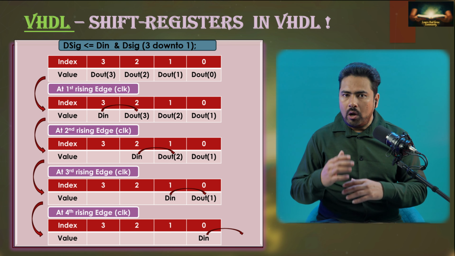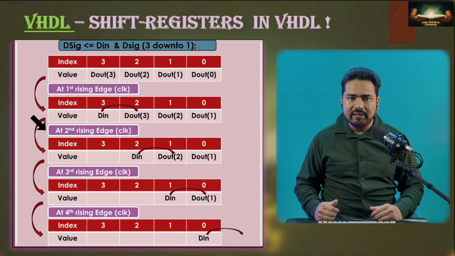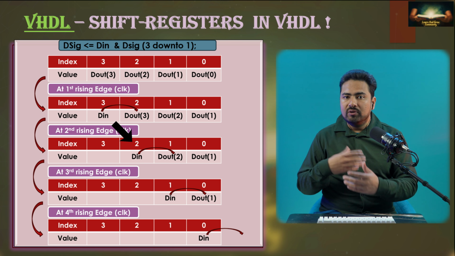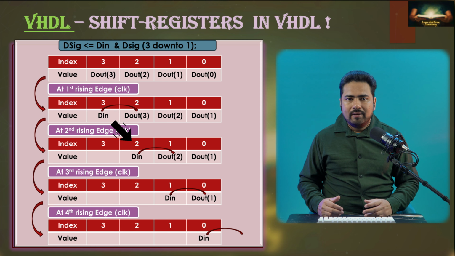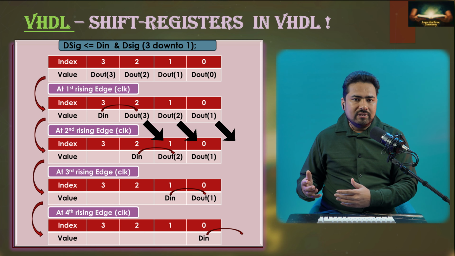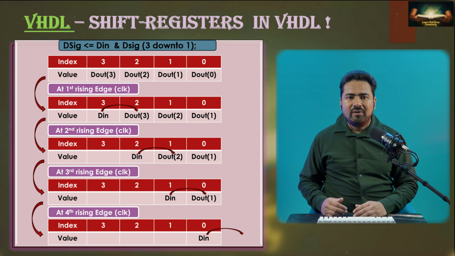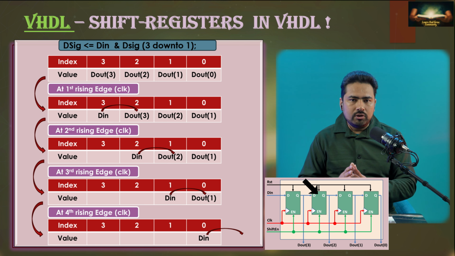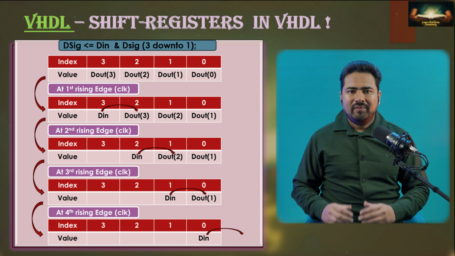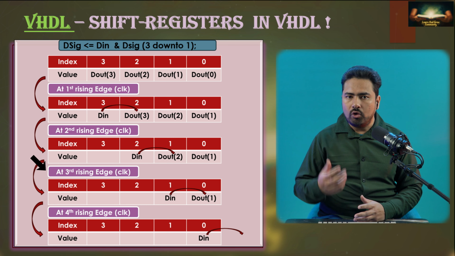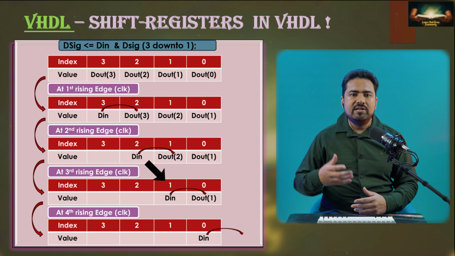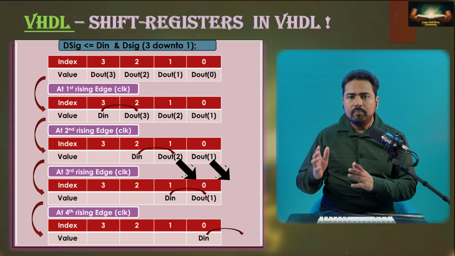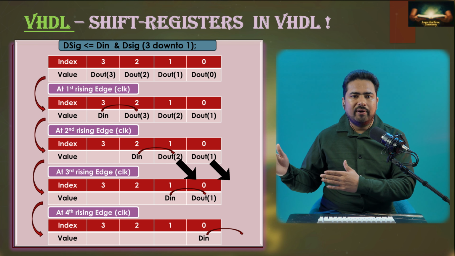right. Now at the second rising edge of the clock signal, D in shifted once again and now it is at the D out 2 position, and the rest of the bits are shifted once again to the right. Means D in is moving through the second flip-flop now, which is labeled as FF2. Now at the third rising edge of the clock signal, D in shifted once again and now it is at the D out 1 position and the rest of the bits are shifted once again to the right.